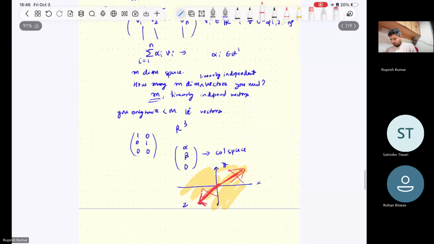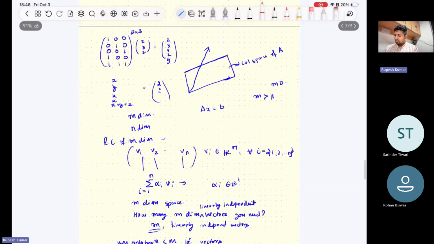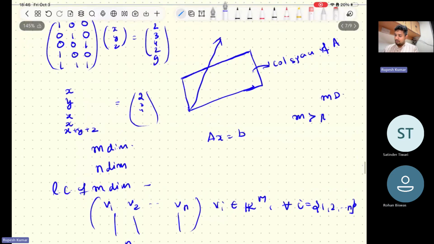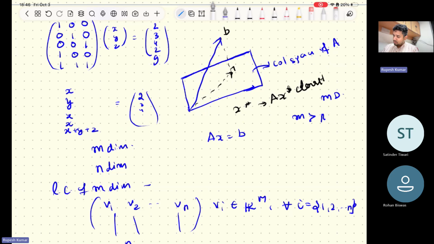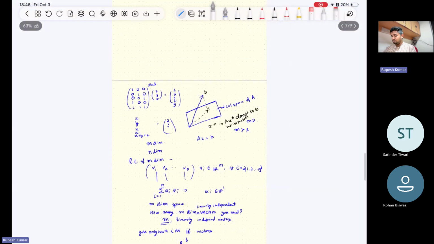Let's say this is the column space and this is your vector B. At best, you can take its orthogonal projection on the column space. The vector x asterisk that gives you Ax asterisk closest to B will be the solution, the best possible solution: the least square solution.